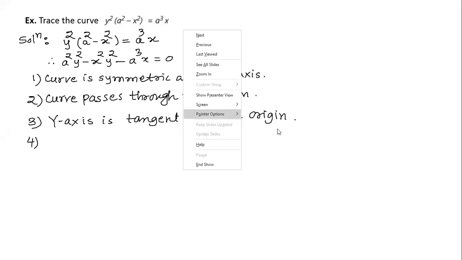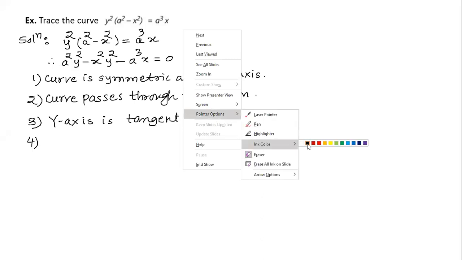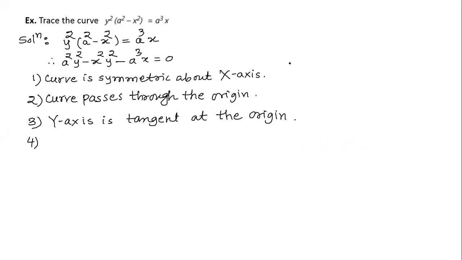Then time has reached to identify the asymptotes. To find asymptotes parallel to the y-axis, equate to 0 the coefficients of the highest degree terms in y. Now see, the degree of y in the first term is 2, in the second 2, and in the third 0. So the highest degree terms in y are the first two terms, a square y square and minus x square y square. Equate to 0 the coefficient of y square.